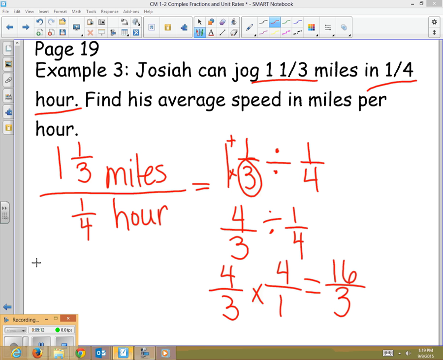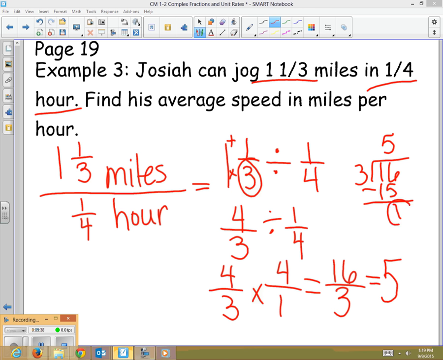Well, let's figure out our context a little bit better and continue here. 16 divided by 3, well, let's think, 3 can go into 16 5 whole times. I'll work it out above here in case you need to see my work. 3 goes into 16 5 times. Subtract 15, and you have 1 left over. Instead of writing a remainder or going to a decimal, we're going to leave it in fraction form.